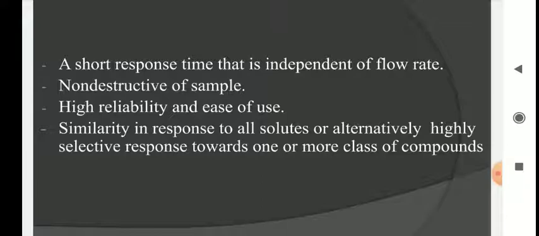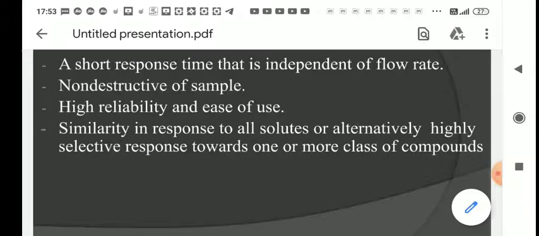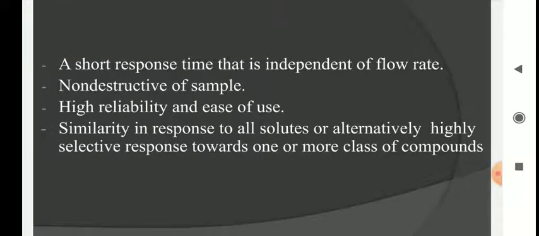Then the next property is similarity in response to all solutes, or alternatively a highly selective response towards one or more classes of compounds. What it means is: whatever may be the sample, a particular detector should be able to detect it. Or if you have a specific group of compounds, then you can have specific detectors for them.